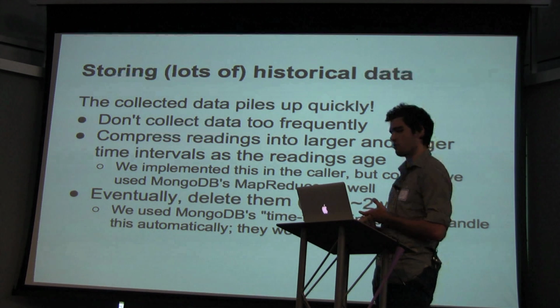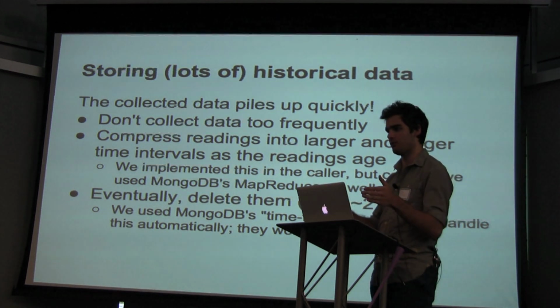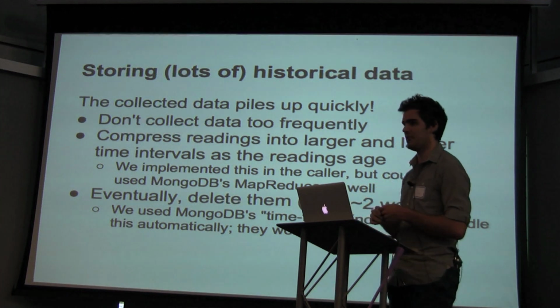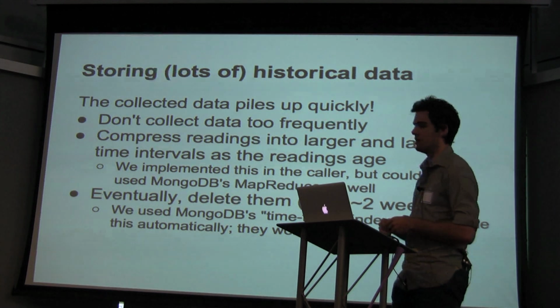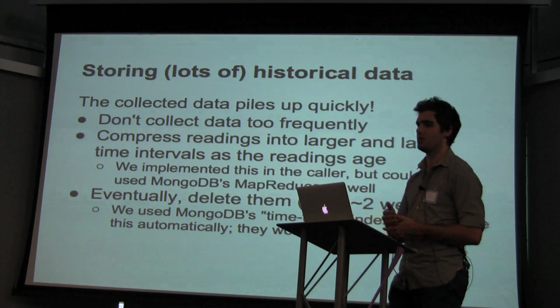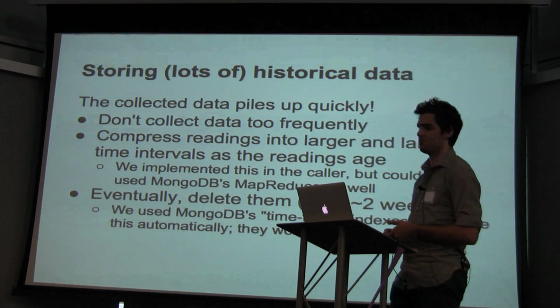Being able to compress the readings over a larger time range than that 5 second sampling interval as those data points get older makes it a lot less storage hungry. Finally, you can delete them after a sufficient amount of time has passed. We decided around 2 weeks is plenty.